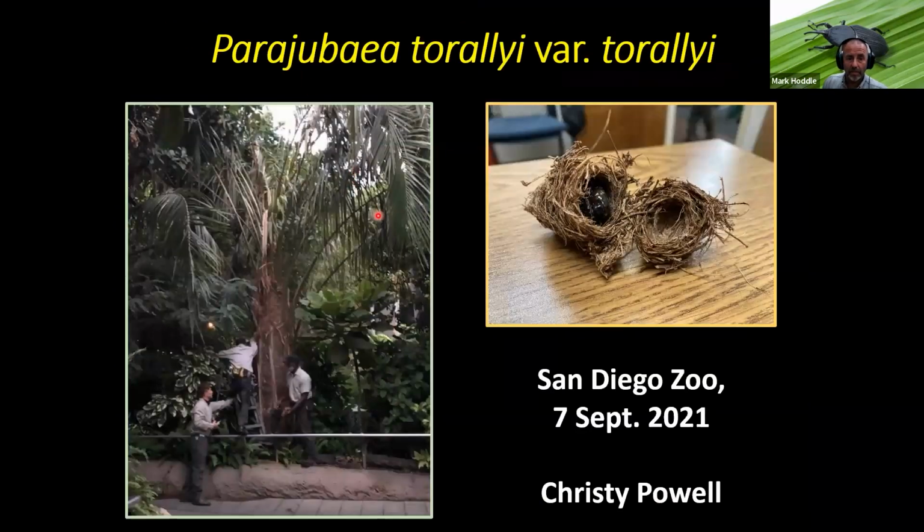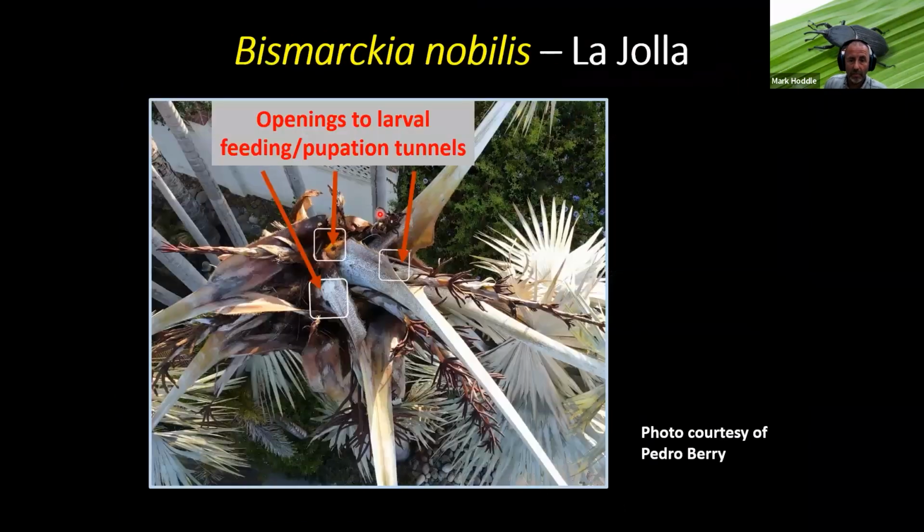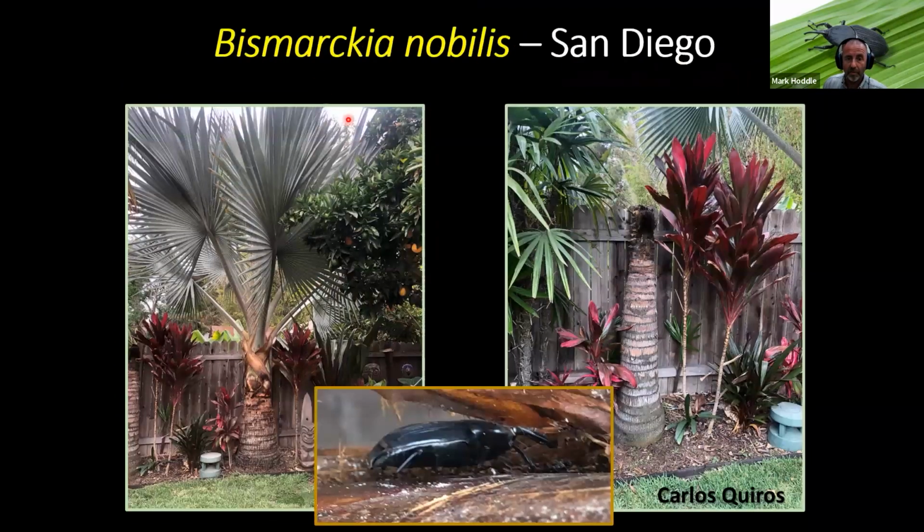These Parajubaeas have been killed off by South American palm weevil. And here, this is a common one that we see a lot of in Southern California and San Diego. These are Bismarckia palms as well. They seem to be susceptible to attack by the palm weevil as well. More shots of those palms being killed off by South American palm weevil.